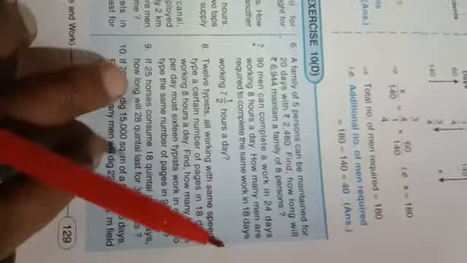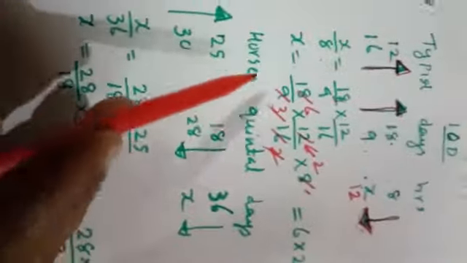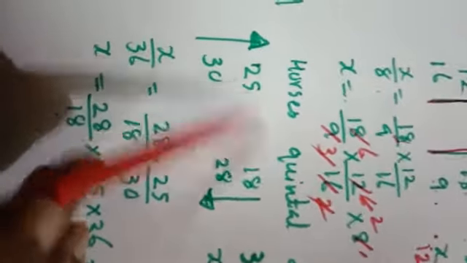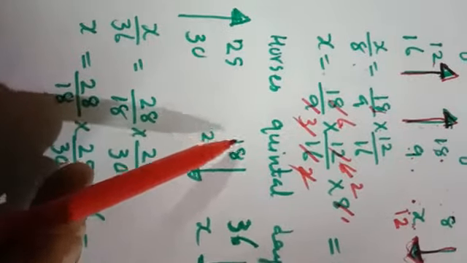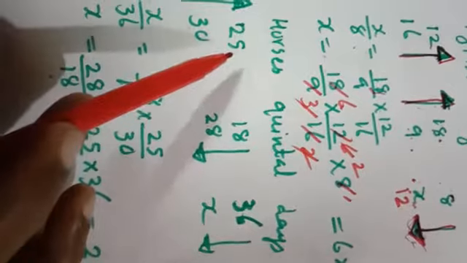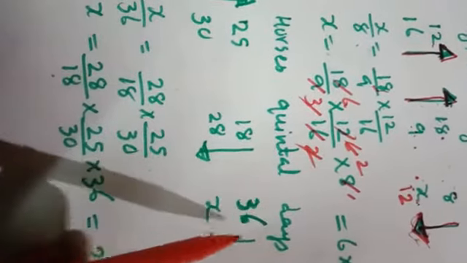See, if 25 horses consume 18 quintal in 36 days, how long will 28 quintal last for 30 horses? See, horses 25, quintal 18. For 25 horses, 18 quintal is enough for 36 days.